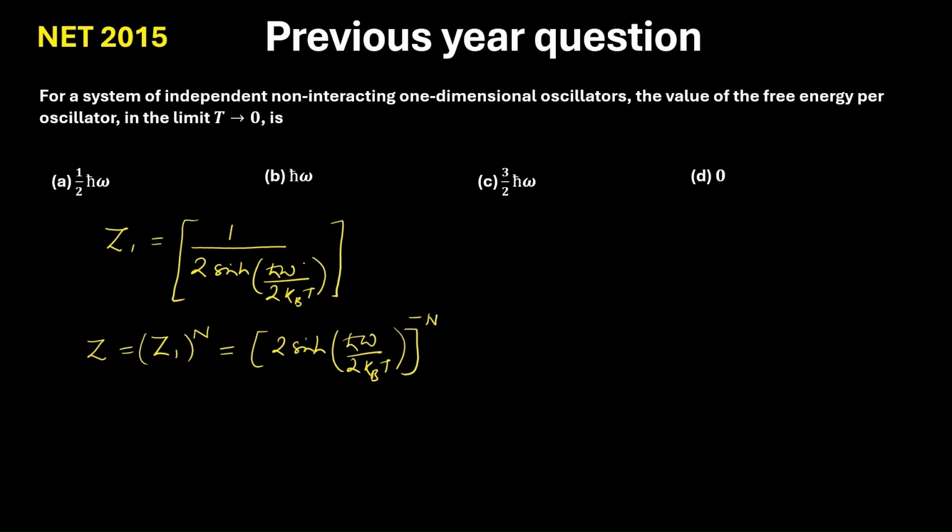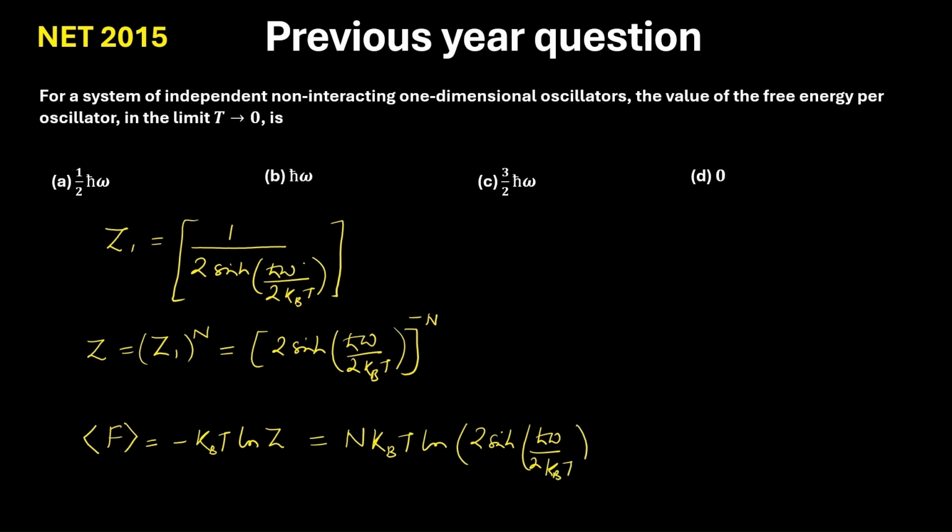Now to find the free energy, that is the Helmholtz free energy, F is given by minus kBT log of the partition function. So if I substitute here, then I will get n kBT log of 2 sinh(h bar omega / 2 kBT).